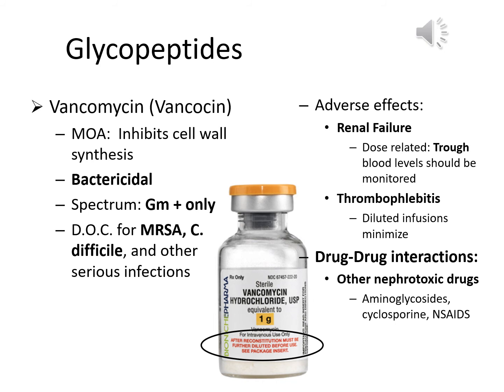This is an important, very powerful drug because it's the drug of choice for methicillin-resistant Staph aureus and for Clostridium difficile, which causes a pseudomembranous colitis that can be life-threatening. In other words, an inflammation in the colon because of overgrowth of Clostridium difficile in the distal bowel, and other serious infections that are gram-positive sensitive organisms.